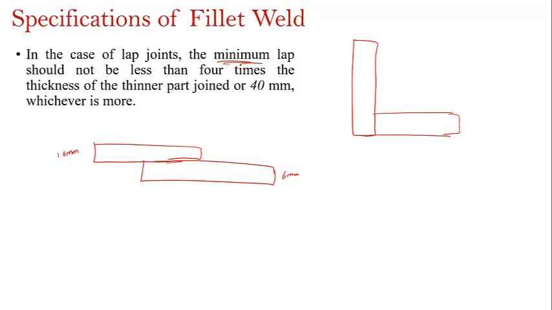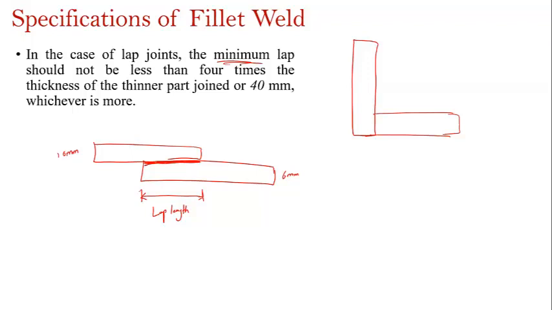The lap length is the distance up to which the two plates are overlapped. This length is called the lap length.